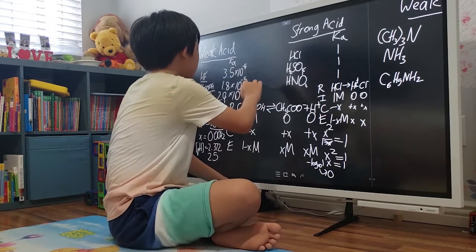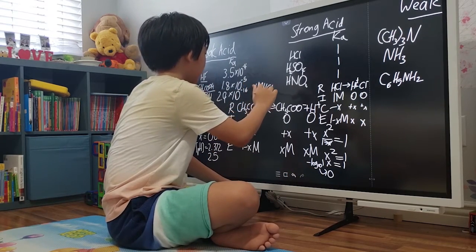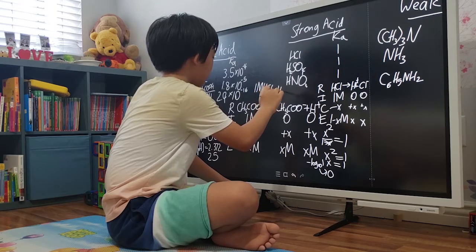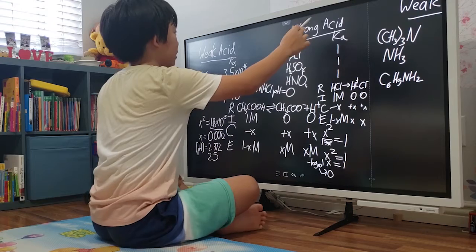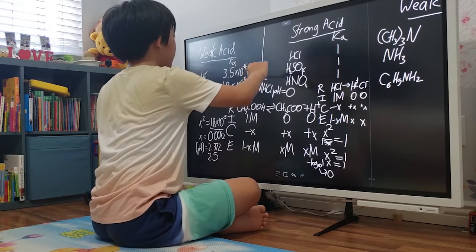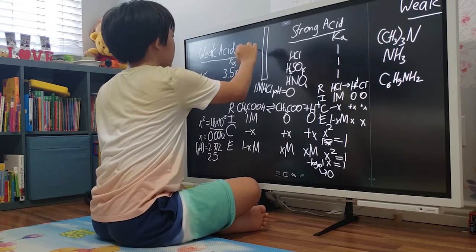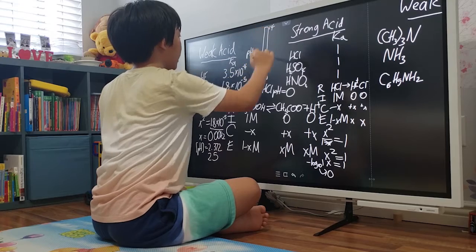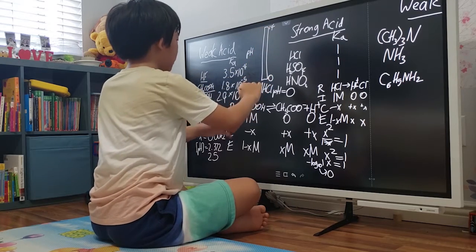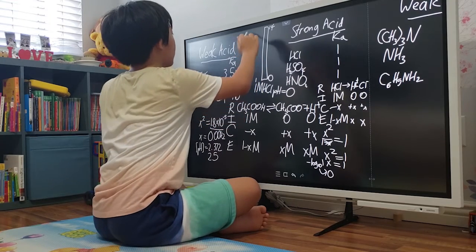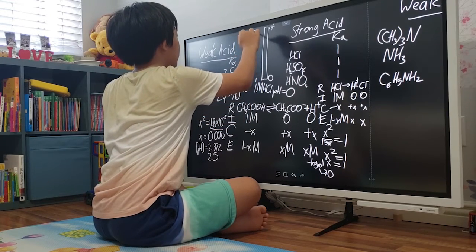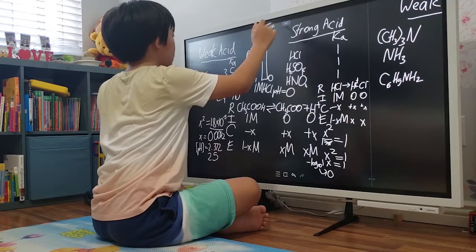So 1 molar HCl has a pH of 0, because there's 1 molar hydrogen ions. Now, on the pH scale, you're usually going to find 0 to 14. If it's a 0, it's 1 molar. The 14 is 10 to the negative 14th power molar.